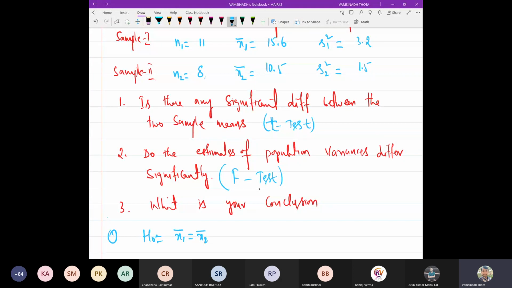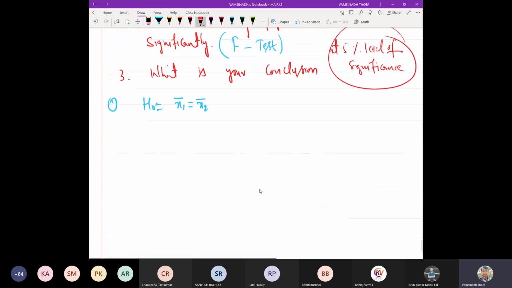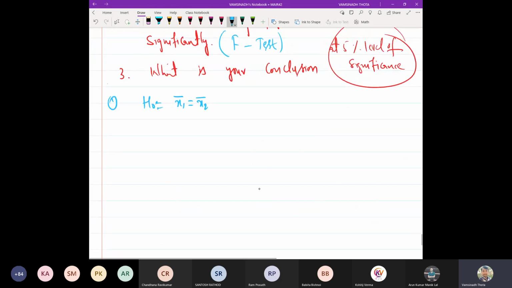By the way, here we need to give the level of significance, so check at 5% level of significance. H1 assumes yes, there is a significant difference between the two sample means.